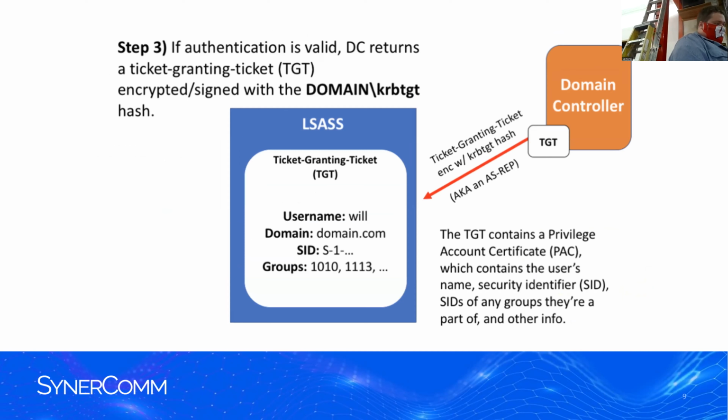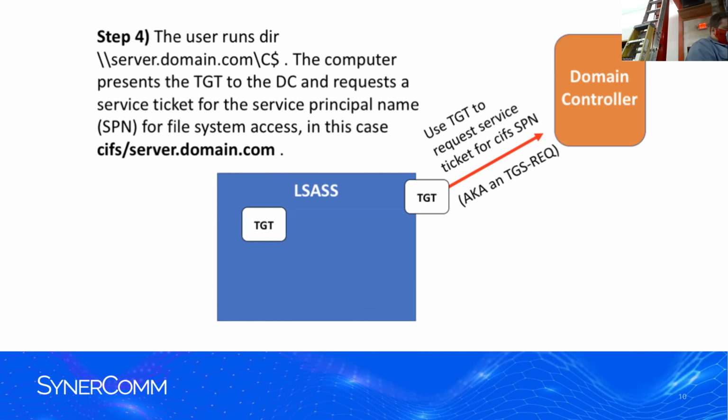If authentication is valid, the DC returns a ticket granting ticket, which is signed with parts of the computer, parts of the domain controller. Don't worry about all this. If it's confusing, it's confusing to me too, and I've been doing it for 5 years. Then the server comes back and issues a ticket granting ticket.